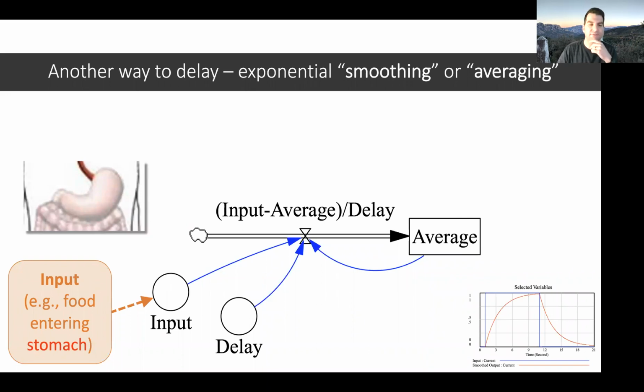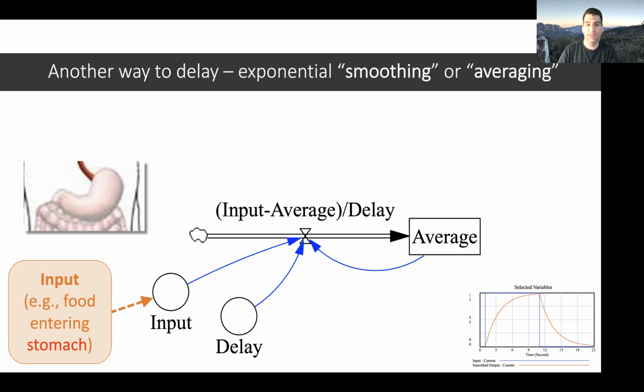We can build a little stock and flow here, where even though the food into the stomach arrived instantaneously, we initially assume that the nutrients in the bloodstream are 0. Based on the difference between the food in the stomach and the nutrients in the bloodstream, there ends up being a flow of nutrients into the bloodstream, increasing the amount of nutrients in the bloodstream. But that is going to be slowed down by this delay.